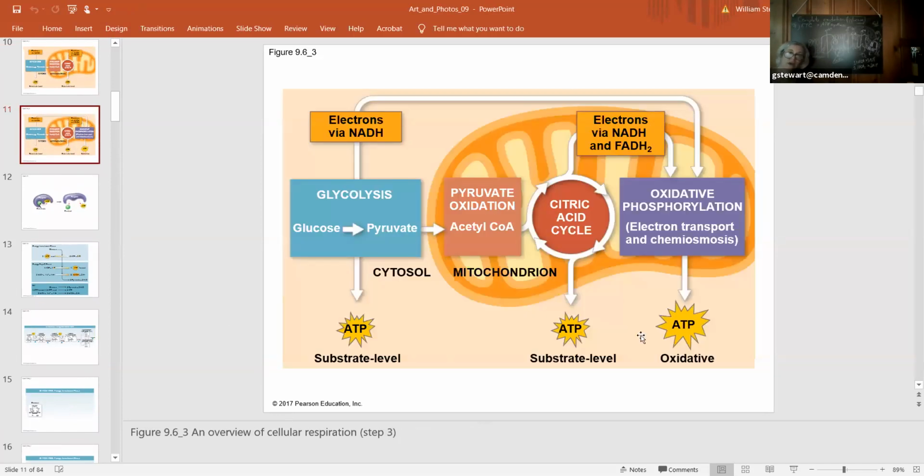They showed you this in the opening parts of the chapter because they're trying to show you overall what we're going to study in this chapter: glycolysis, prep step, citric acid, oxidative phosphorylation, or the electron transport chain and chemiosmosis, inner membrane of the mitochondria, the folds.